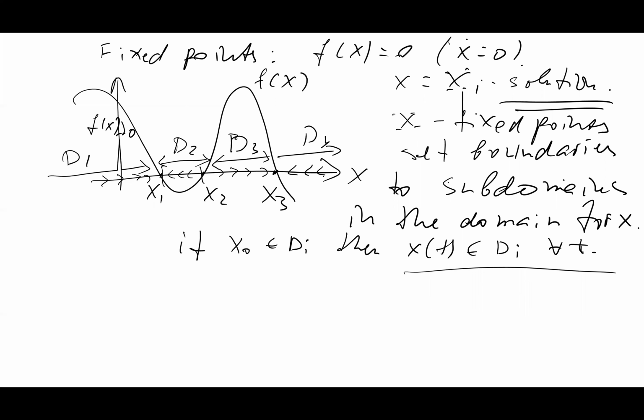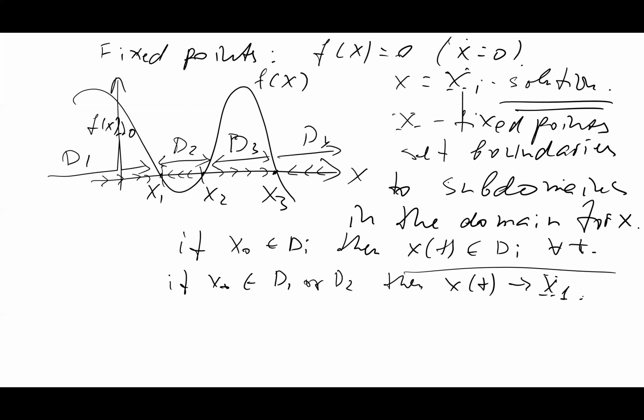And now we can say even more. We can say that if x0 belongs to D1 or D2, then x of t tends to x1.